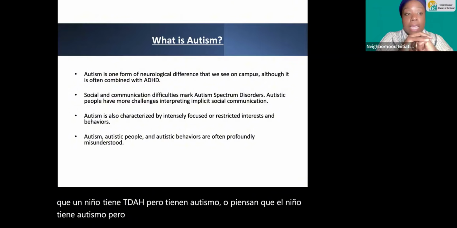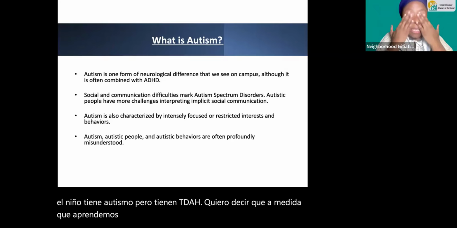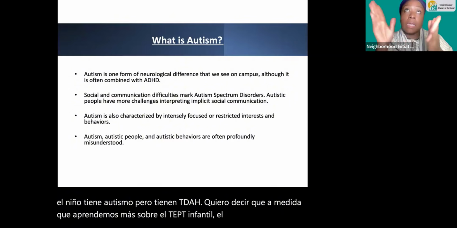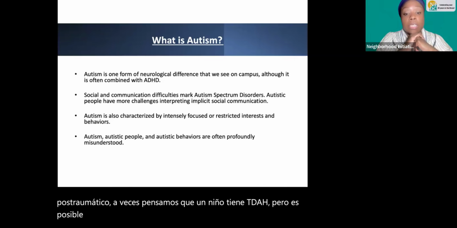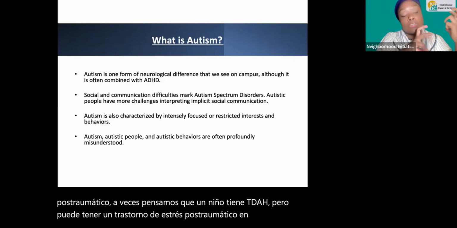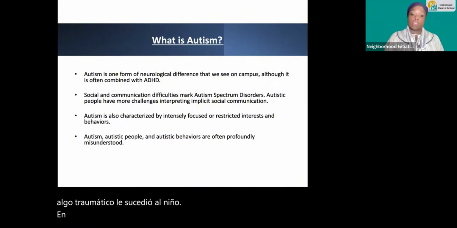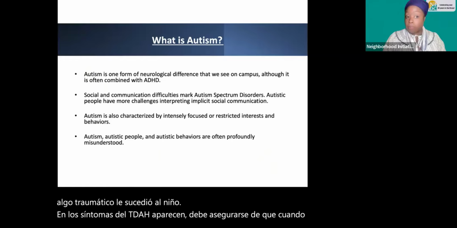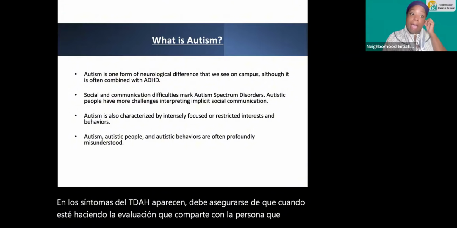I do want to say, as we learn more about childhood PTSD, post-traumatic stress disorder, sometimes we think a child has ADHD, but they may have childhood post-traumatic stress disorder. And that is if something traumatic happened to the child and then the symptoms of ADHD show up, you want to make sure that when you're doing the evaluation you share with the person evaluating your child the traumatic event that happened.